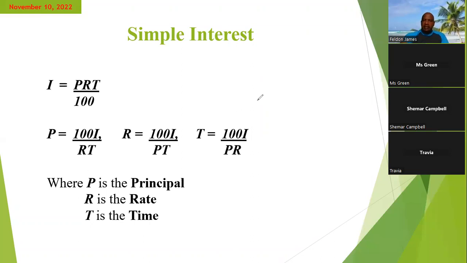So as I was saying before we got interrupted, the interest would be equal to... remember now, our principal would be 5,000.